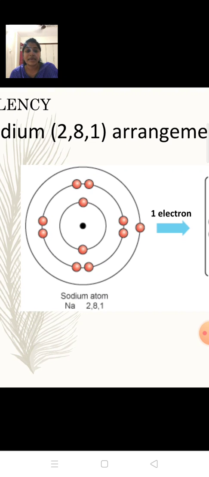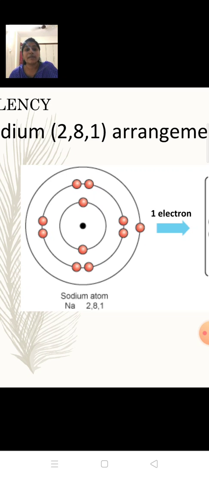You can see that the innermost shell contains 2 electrons, then the next shell contains 8 electrons, and the last shell contains 1 electron. Just now I've told you, to achieve stability an atom should have 8 electrons in the outermost shell.